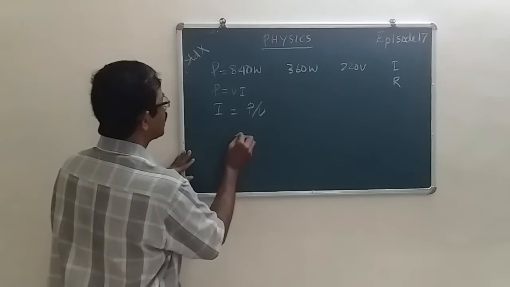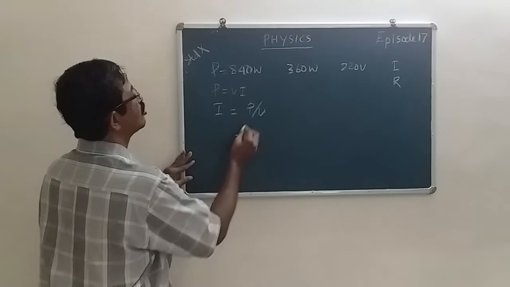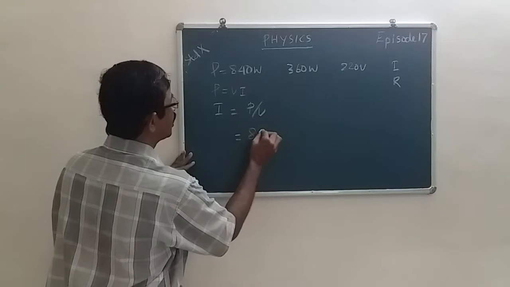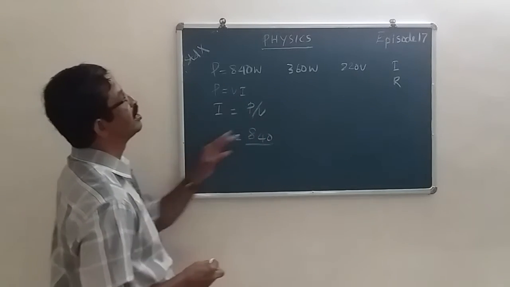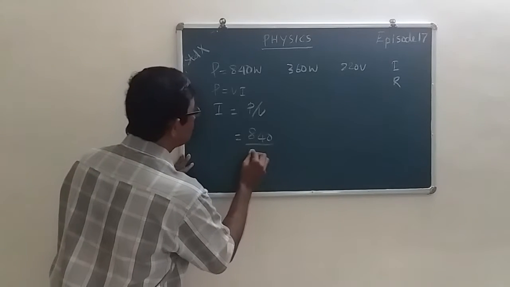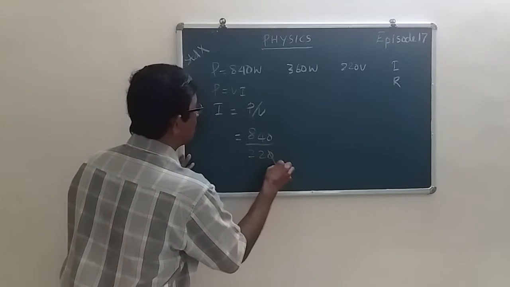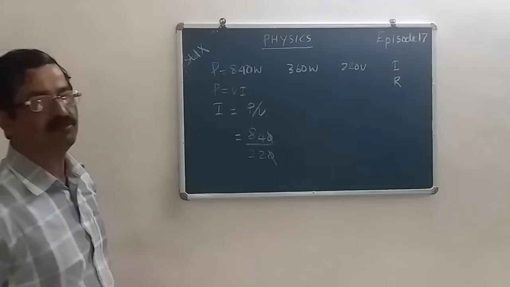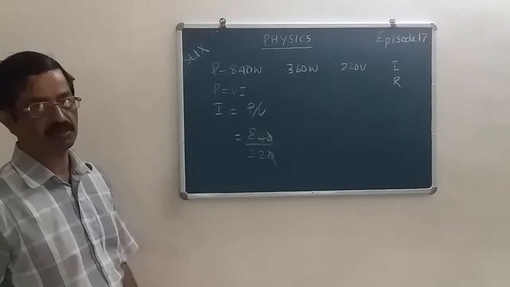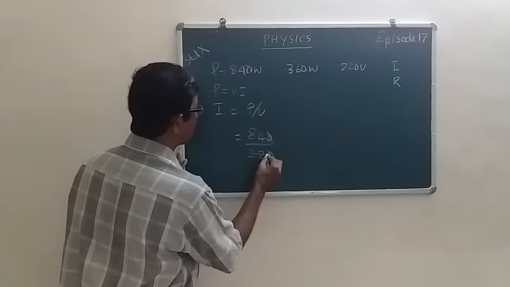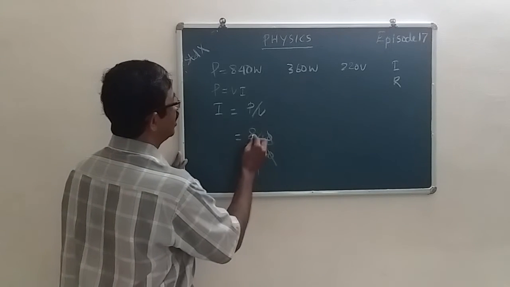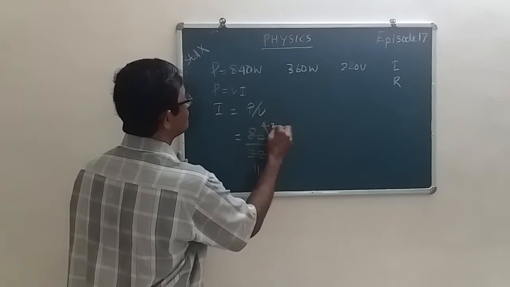See, I is equal to P by V, that means 840 by 220. We can cancel the 0 from up and down. Again we can divide with 2, giving 42 by 11.